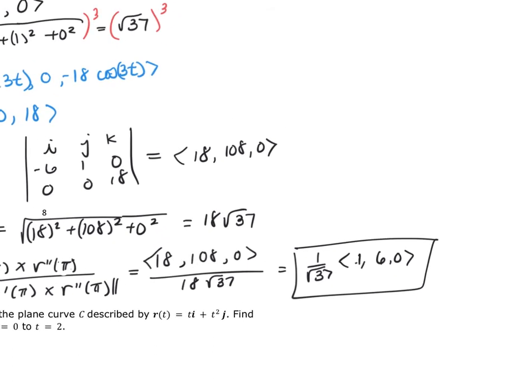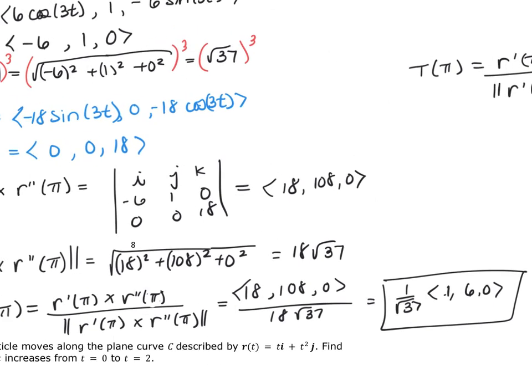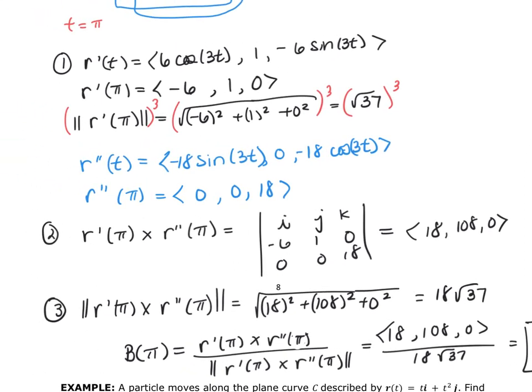And then I'm going to find my unit tangent vector at pi, which is r prime of pi divided by the magnitude of r prime of pi. Oh, I guess I did not need that raised to the third power, so let me get rid of that. Bam. Okay.